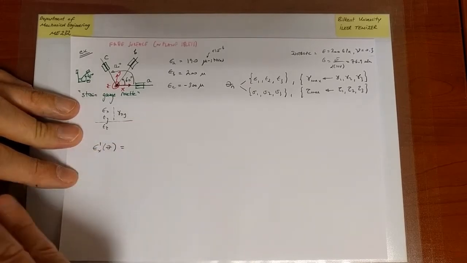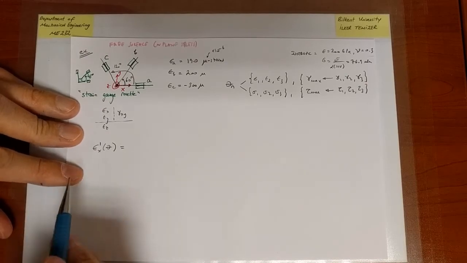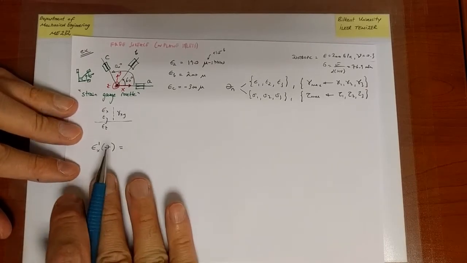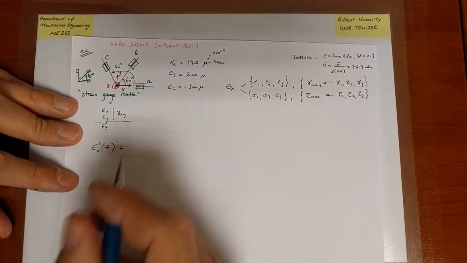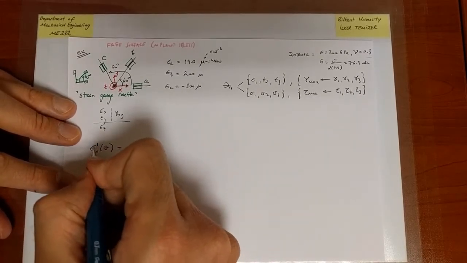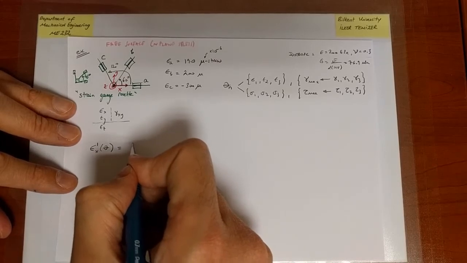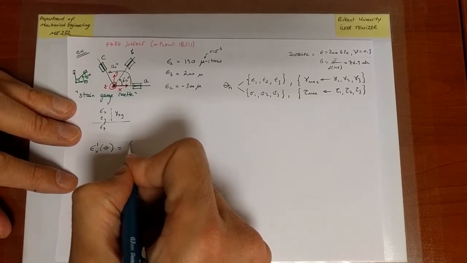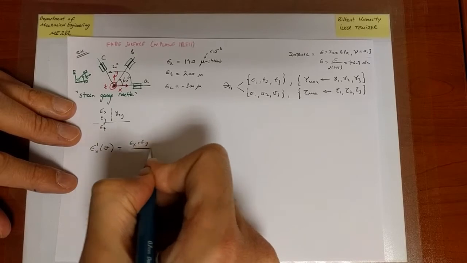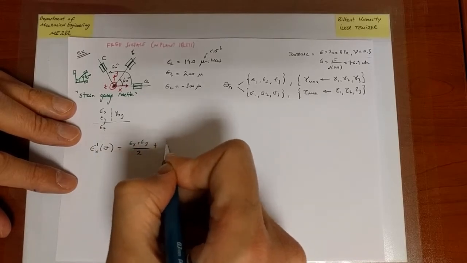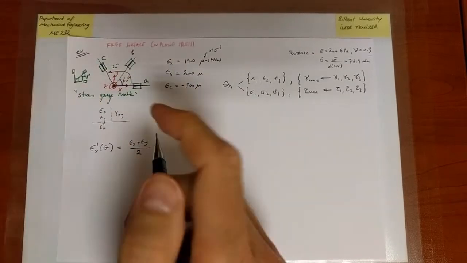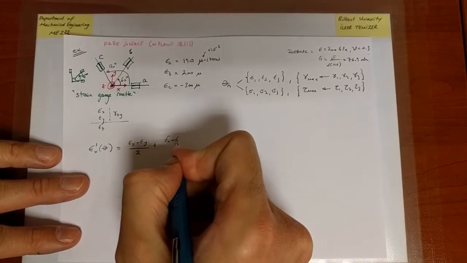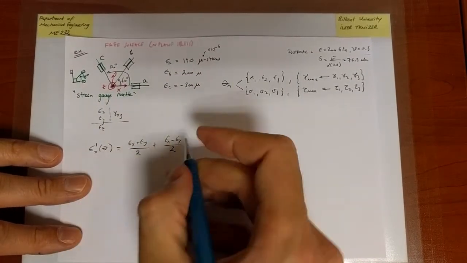And I told you that because the mathematics is the same, it's going to work exactly as it did for the equation for sigma x prime. And that equation for sigma x prime was equal to sigma x plus sigma y over 2, in this case epsilon x plus epsilon y over 2, plus sigma x minus sigma y over 2, so in this case epsilon x minus epsilon y over 2, cosine 2 theta. Okay, so it works exactly in the same way.